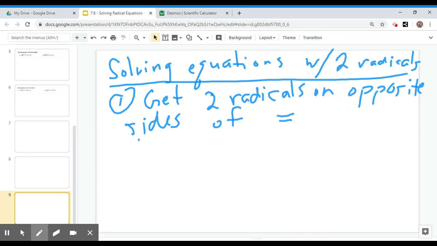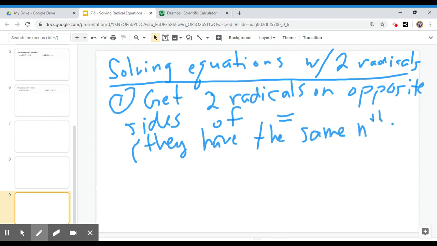And it's probably very important to note here that they must have the same nth root. Otherwise, this won't work. So once you do that, you have both radicals on opposite sides and they've got the same nth root.